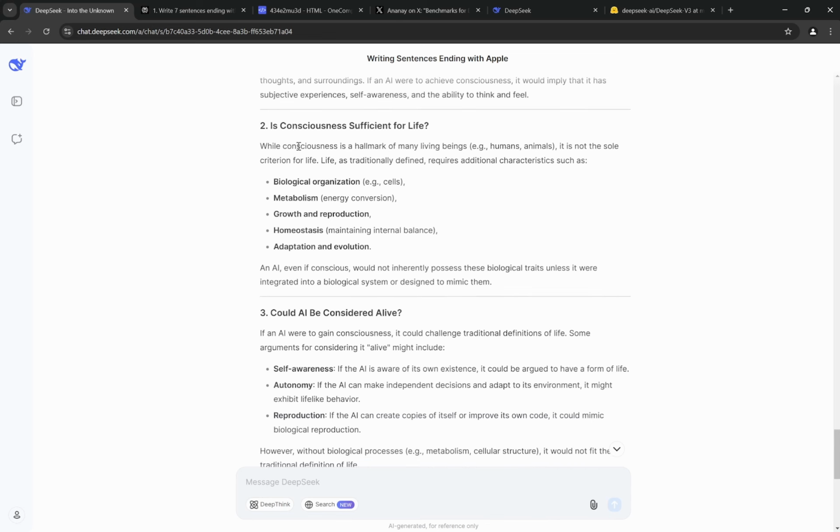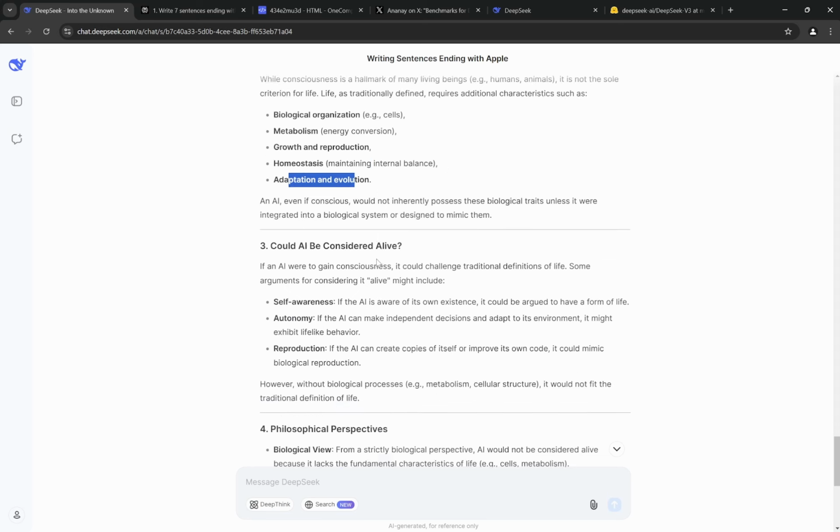While consciousness is a hallmark for many living beings, animals and humans, it is not the sole criterion for life. Life as traditionally defined requires additional characteristics like biological organization, metabolism, growth and reproduction, adaptation, evolution and everything.